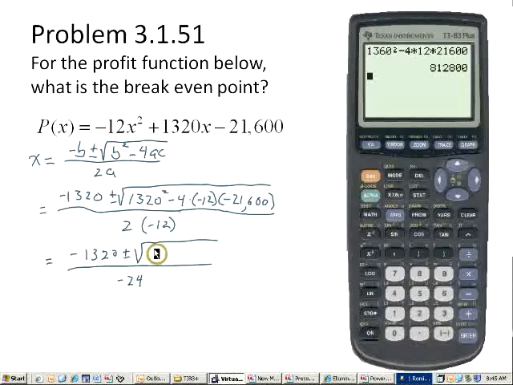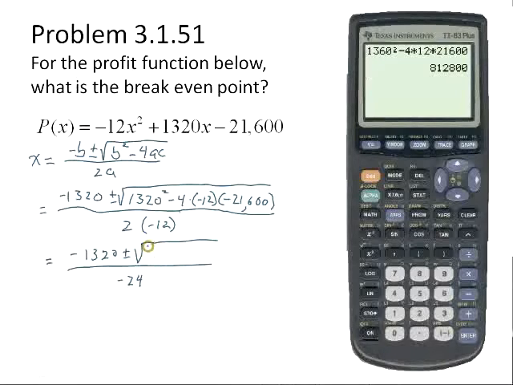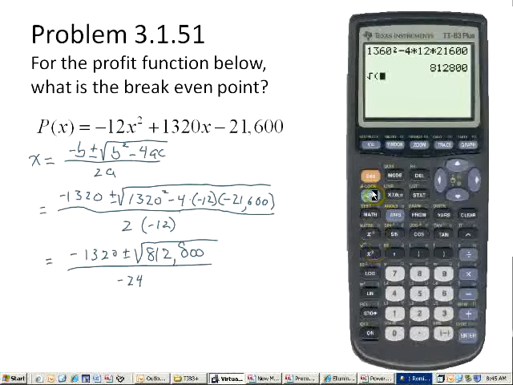So if we hit enter, we get this huge number. Let me write that down for us a second. So using this number here, this is going to be 12,800. So this is a huge number. And now we're going to take the square root of that number.